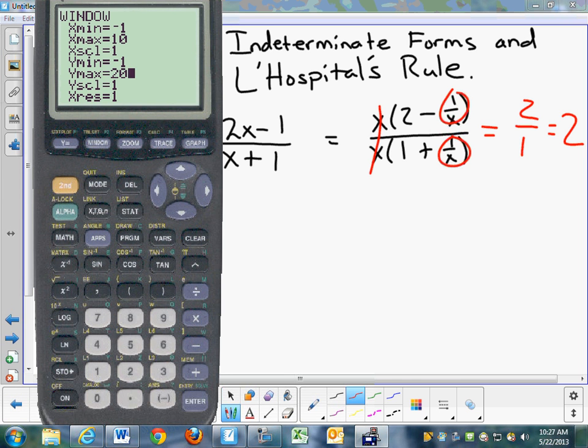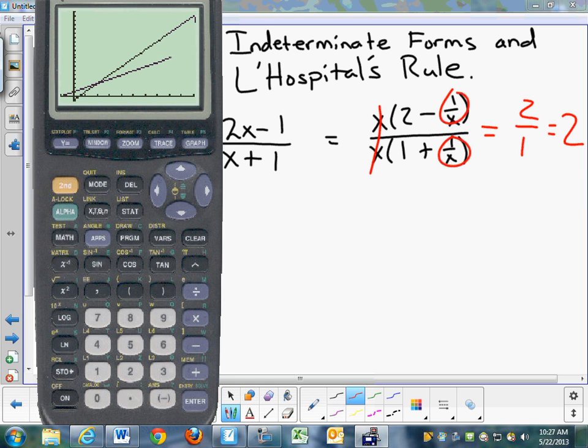Okay, everybody there? Now, watch the graph, okay? These are both lines. And what we are really doing is this function right here, y equals 2x minus 1, that's on top, right? And the x plus 1 is on the bottom, correct?